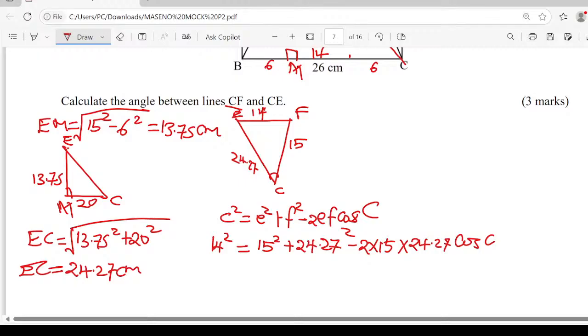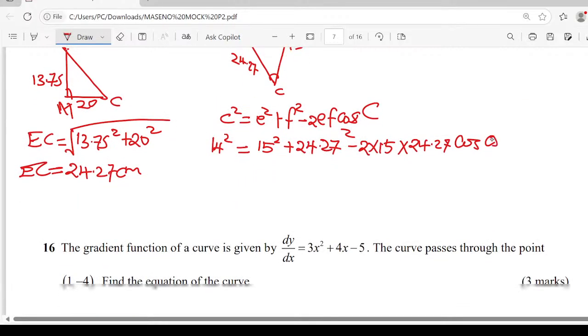If you are very keen, I'm going to get 14 squared, which is 196, being equal to 15 squared plus 24.27 squared, which is 814.0329, minus 2 times 15 times 24.27.